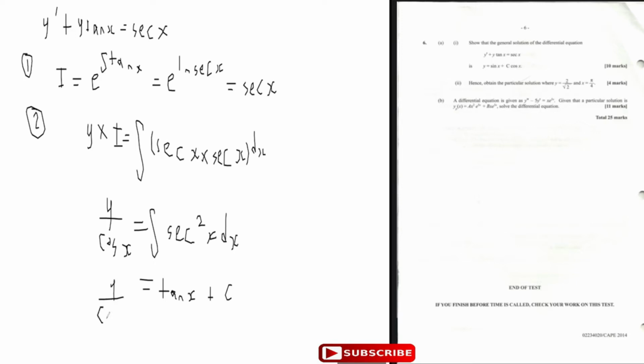Now you want to make y the subject, so you're going to multiply through by cos x. You get y is equal to tan x times cos x plus your constant c times cos x.